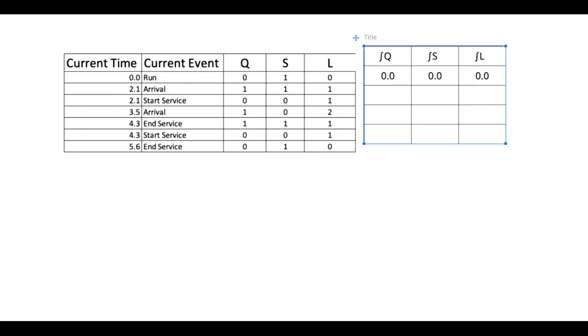All right, let's look at what happens at the arrival event at time 2.1. To compute the area under the curve for Q, I take the previous value and add the previous state, which is 0, times the elapsed time, which is 2.1 minus 0.0.